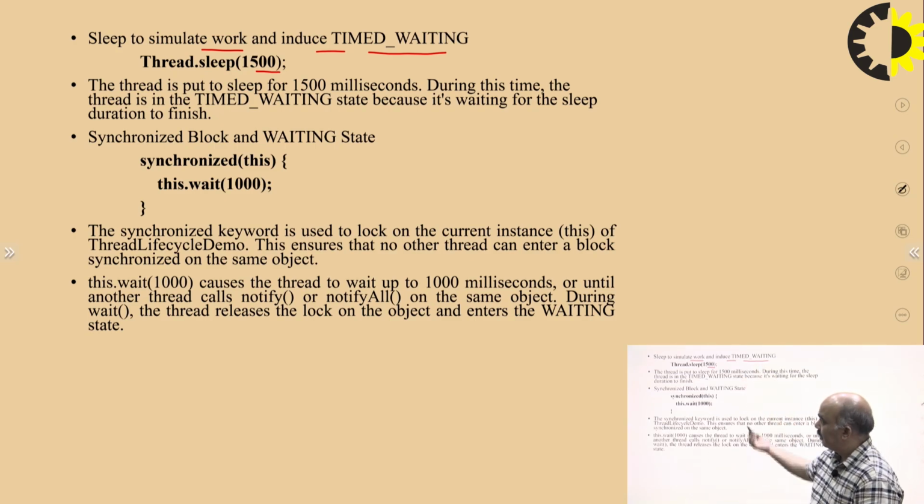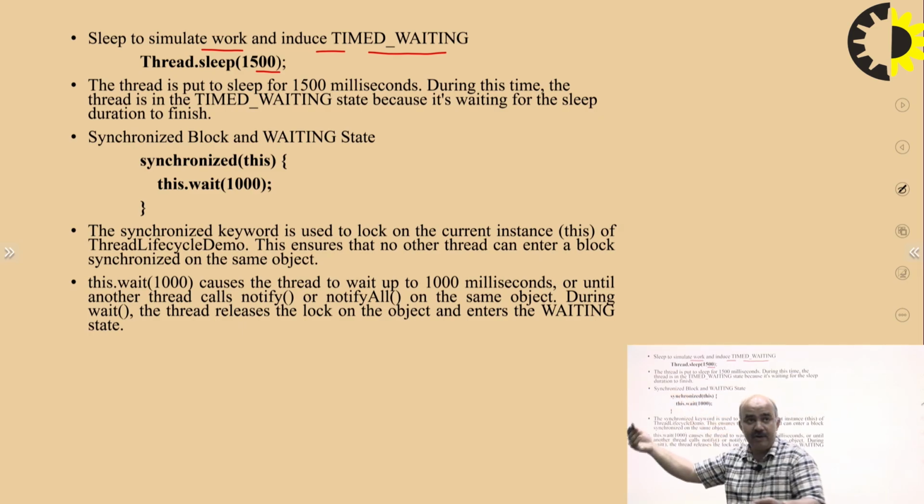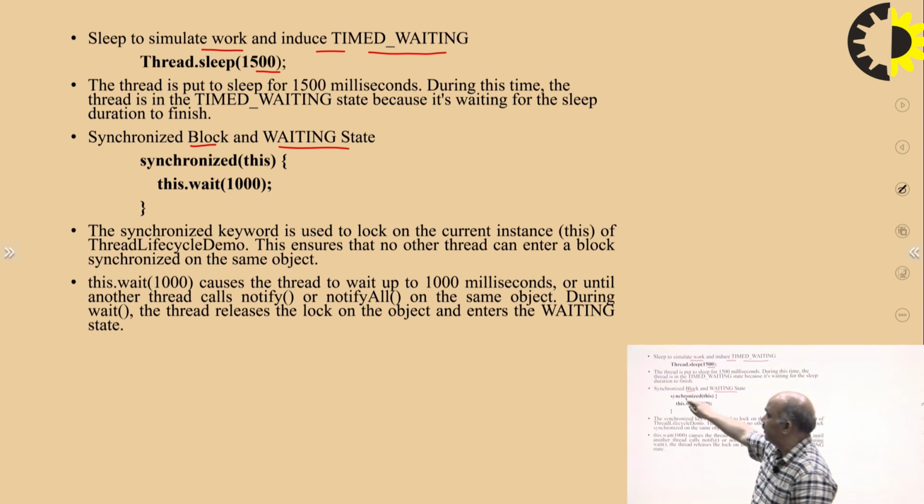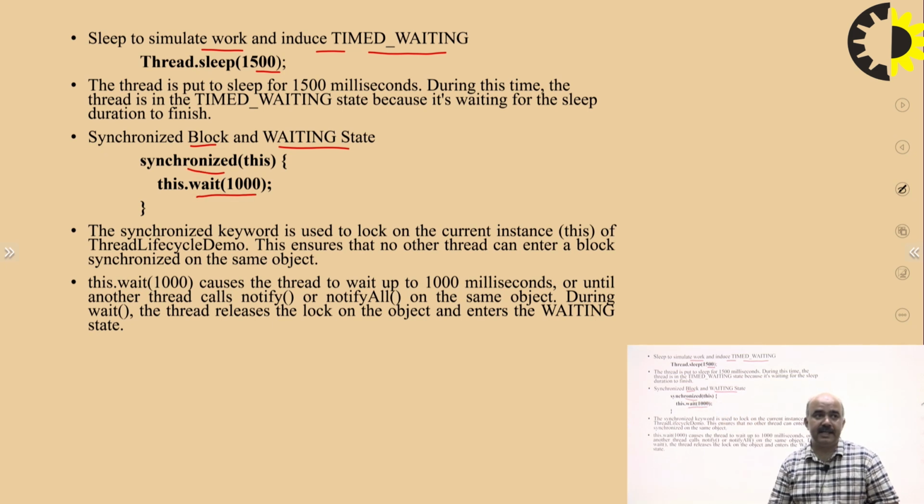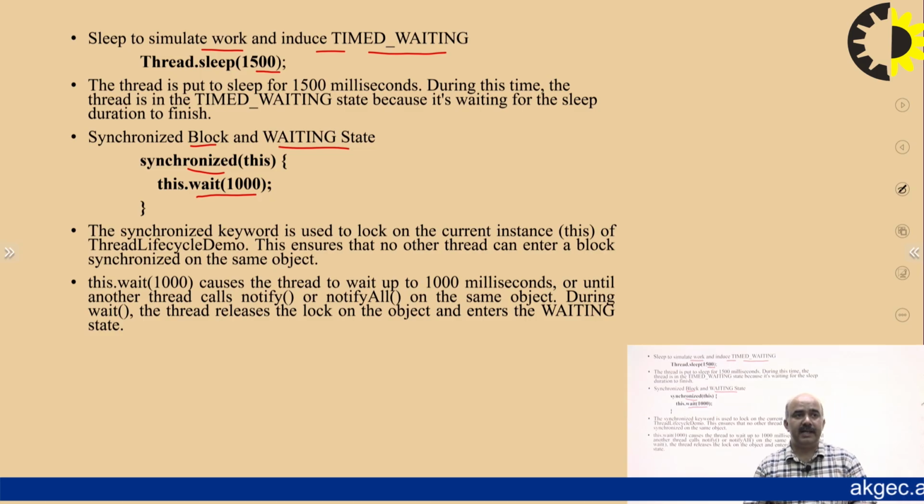If we perform synchronization for the blocked and waiting states, we can say synchronized, and then they have to wait for that many milliseconds. The synchronized keyword is basically used to lock on the current instance of the thread lifecycle demo, which ensures that no other thread can enter the synchronized block at the same time.